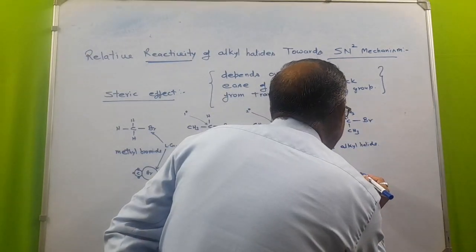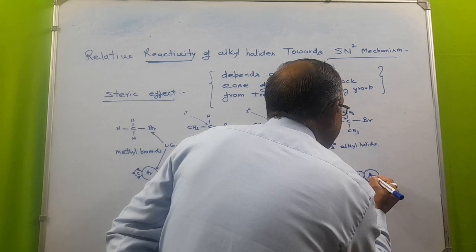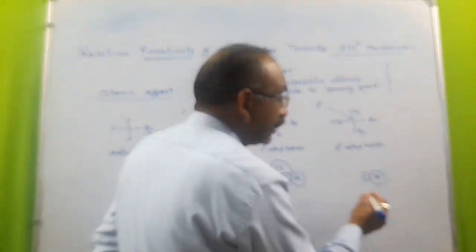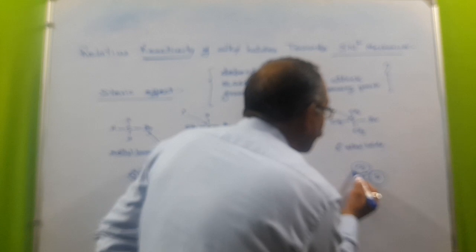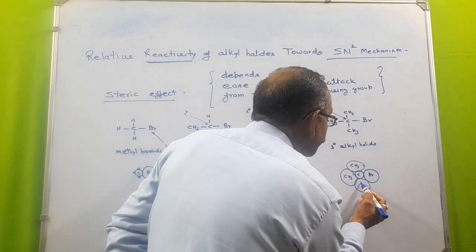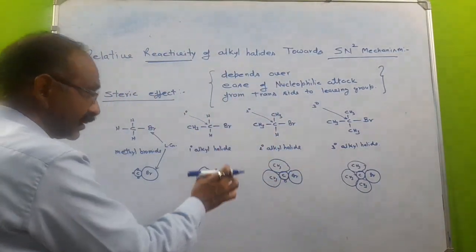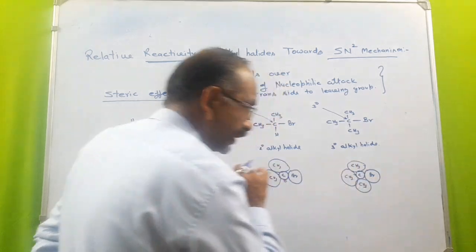In case of tertiary alkyl halide, at the carbon which is linked with the halogen, there are three bulky alkyl groups. In these all, the halogen atom is a leaving group.